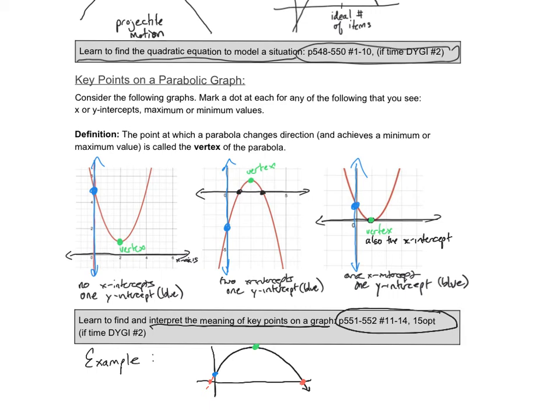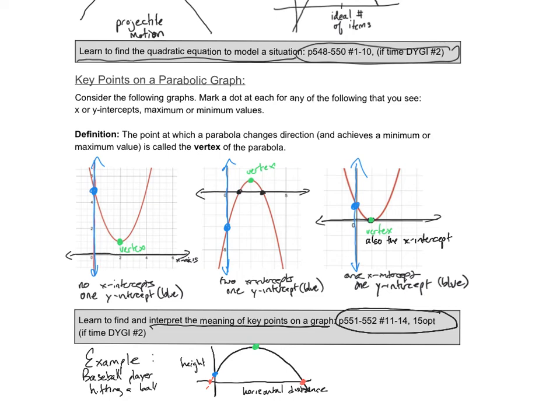So to talk about the meaning of each of these in the context of projectile motion, let's suppose it's a baseball player hitting a ball. And let's call this the horizontal distance. And let's call this the height of the ball.